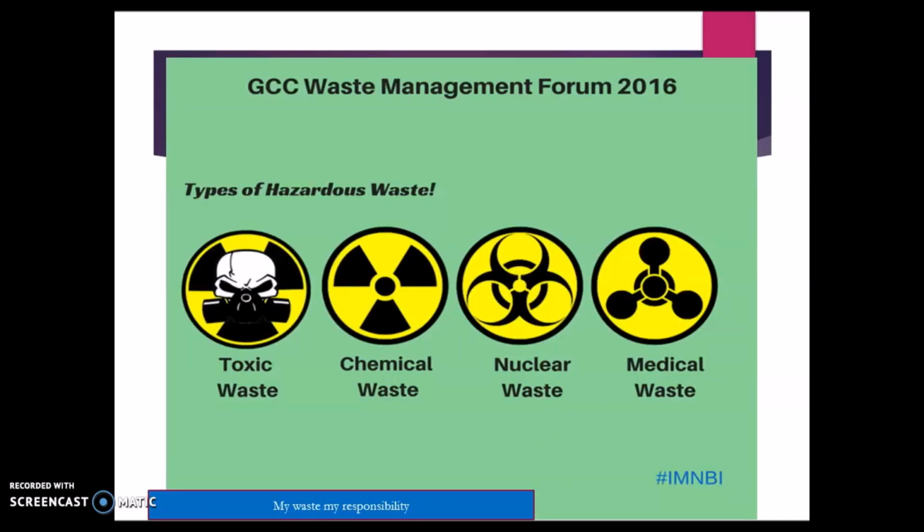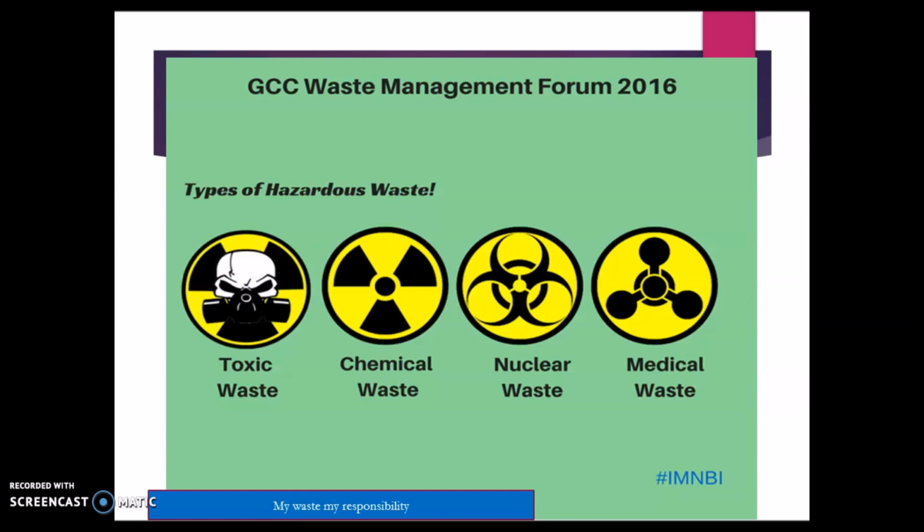So this is one of the charts denoting types of hazardous waste, as denoted by the Solid Waste Management and Handling Rules 2016. According to it, toxic waste is denoted by a black and yellow color combination with a human skull. Chemical waste is denoted by a circular form in a yellow color combination.